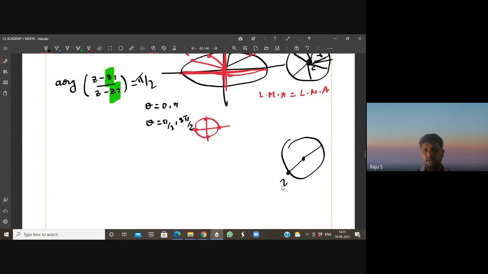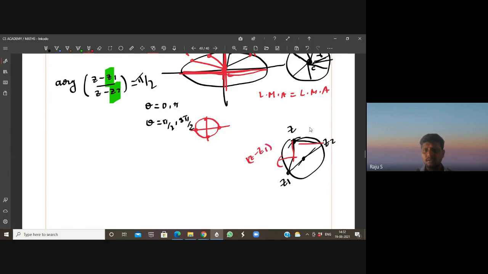So this is Z1, this is Z2. I'm taking Z here. What does that mean? All these properties we will discuss in Cartesian form, students, surely. This length is given by modulus of Z minus Z1.